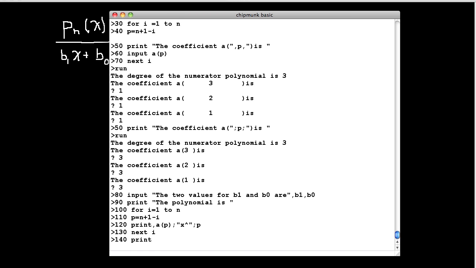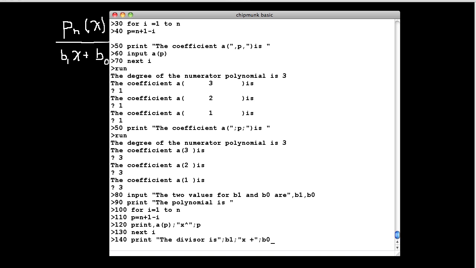I'll print the divisor is, now I'll put semicolon, B1, semicolon, quotation, x, plus, quotation, semicolon B0.